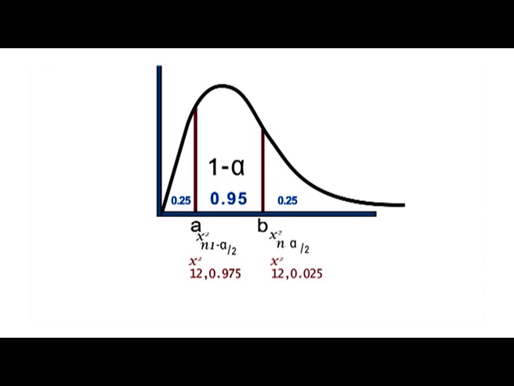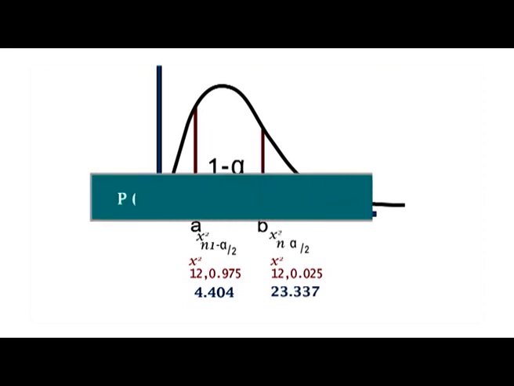Referring to the chi-square table, we get chi-square 12, 0.975 as 4.404 and chi-square 12, 0.025 as 23.337. Therefore, the probability of 4.404 less than chi-square less than 23.337 is equal to 0.95.